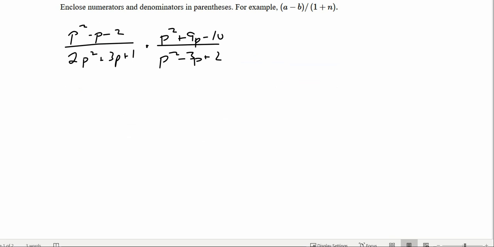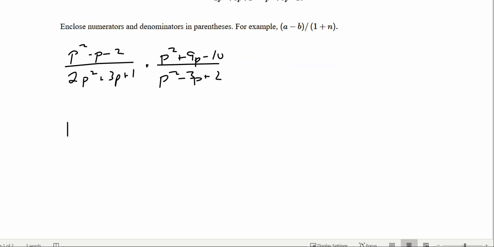Okay. So when I factor the first one, that's going to be, let's see, p minus 2 times p plus 1. Okay.